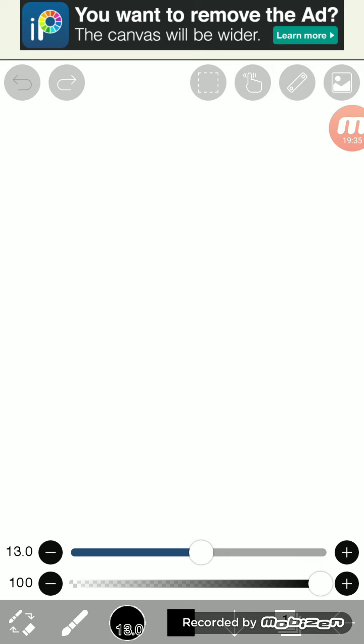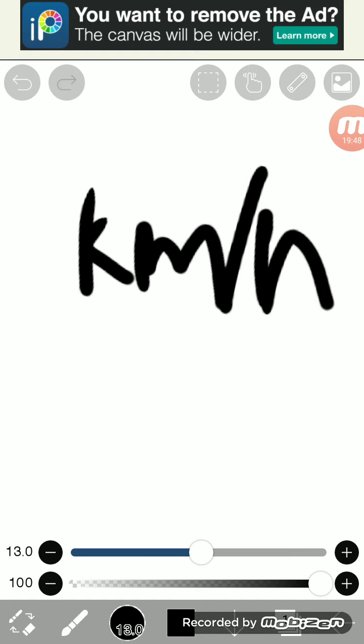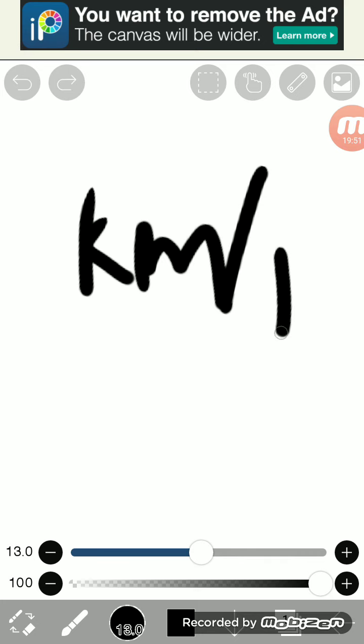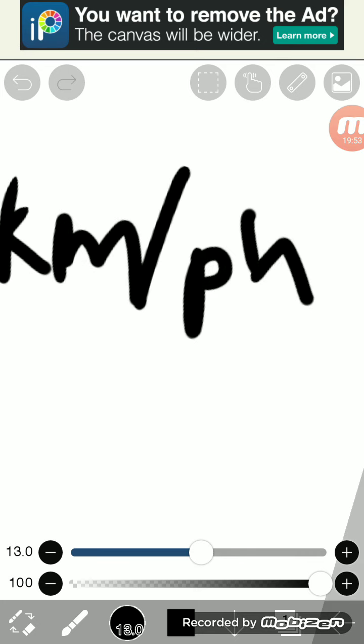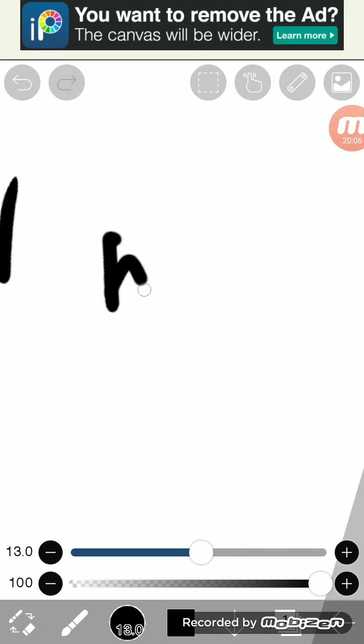Speed can be expressed in kilometers per hour, or km/h. A meter is used to express short distances. A kilometer is used to express long distances.